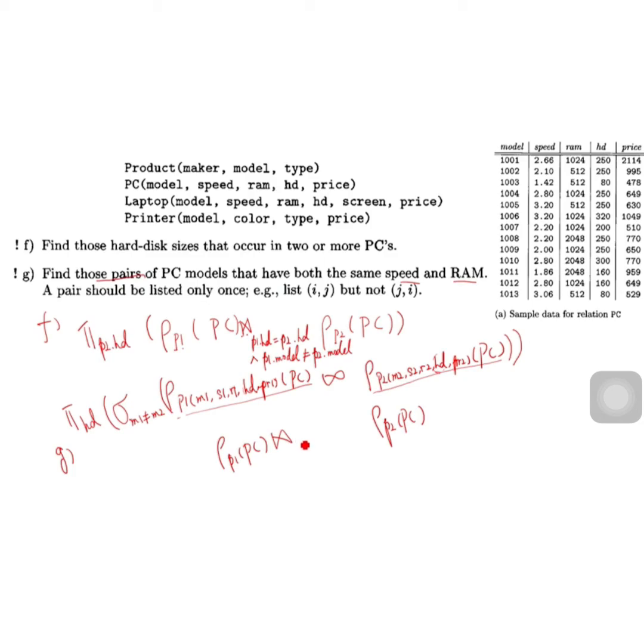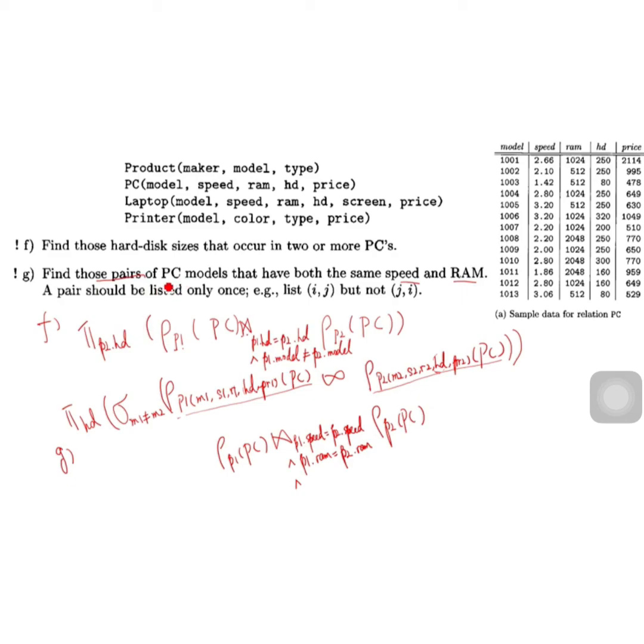So with the same speed and same RAM: P1 dot speed is P2 dot speed and P1 dot RAM is P2 dot RAM. And there is another condition.